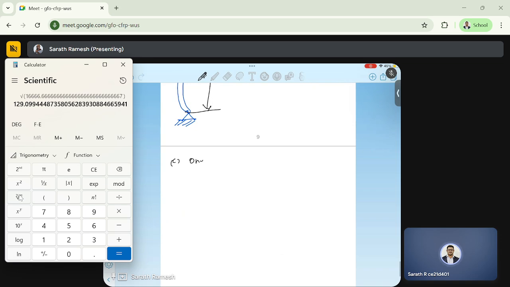Third one, one end fixed and one end pinned. This end is fixed, and this end is pinned.